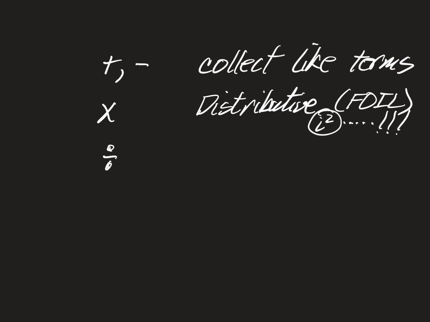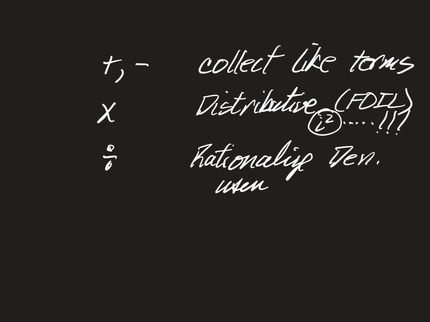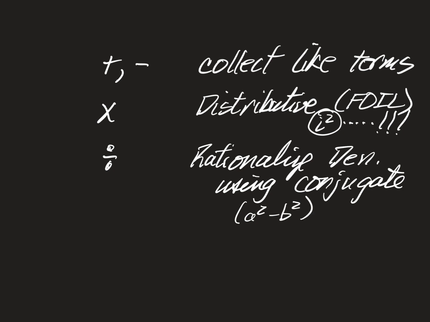On division, then we rationalize the denominator using the conjugate of the denominator, right? Which leads to the denominator being a squared minus b squared. We also get i squareds.